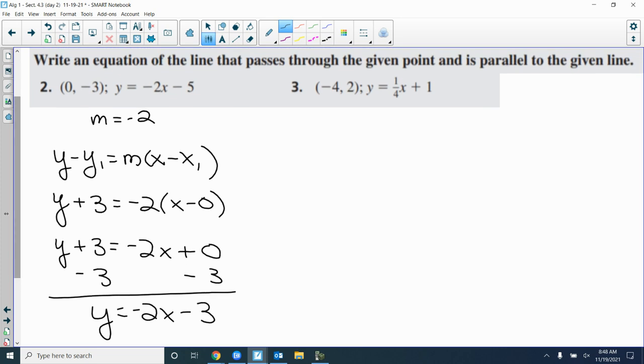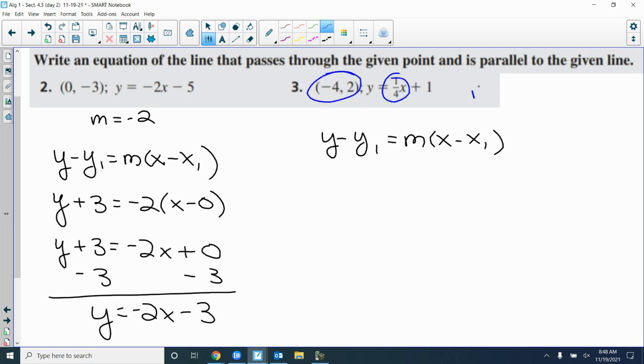For the next one, we need a point and we need the slope. For all cases, I'm going to start with y minus y1 equals m times x minus x1. I need to know a point on the line and I need to know the slope. In this case, slope's 1/4. And then I substitute in, and go from there.